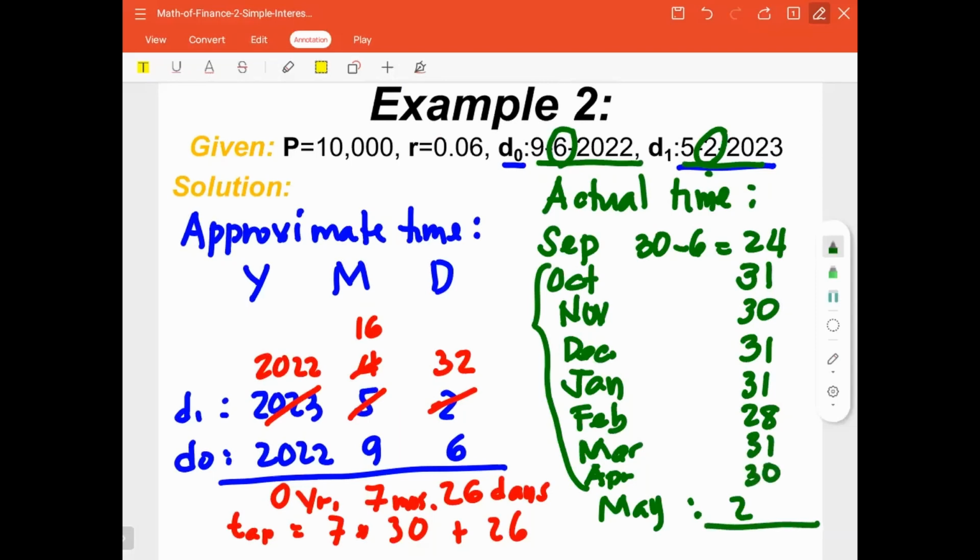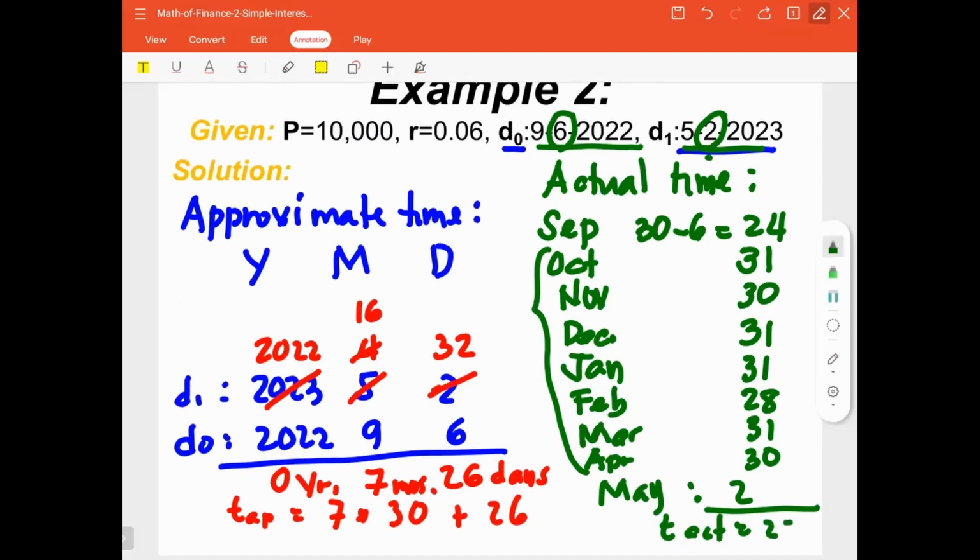Okay, if you add all this, you'll get the actual time to be equal to 238 days. Take note, earlier in the approximate time, we were able to compute 236 days, right? Because this is 210 plus 26, so 236 days.